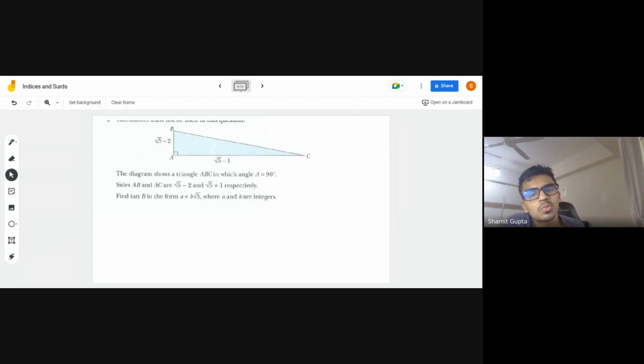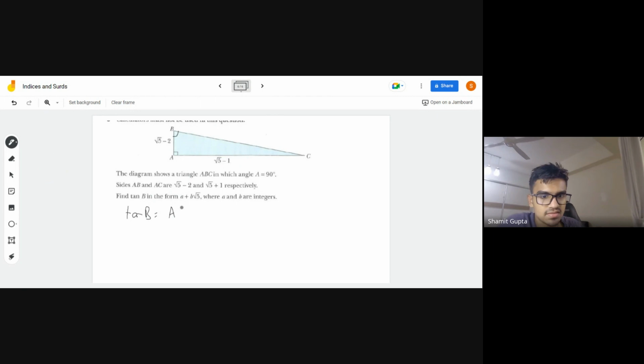Now this is one question which I'm trying with you because I have seen this type of question a lot. The diagram shows a triangle ABC, and angle A is equal to 90 degrees. Sides AB and BC are given. Find tan B in the form a plus b root 5. We want to find the tangent of this angle. So we know that tan B is opposite over adjacent, right?